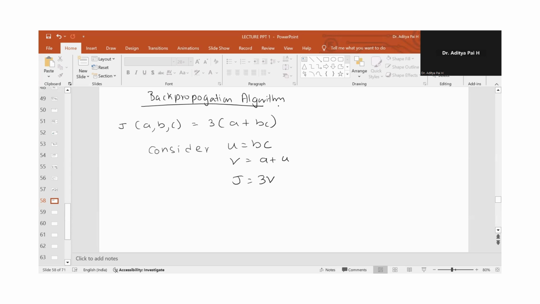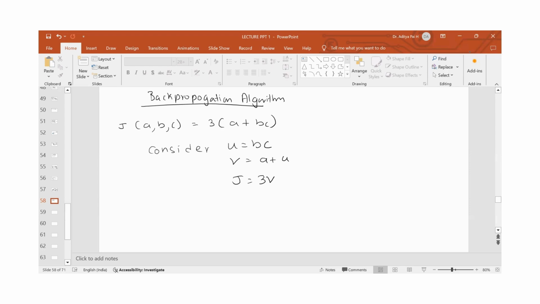Now this is purely only to make you understand the chain rule. Before I start explaining the backpropagation algorithm, you need to know how the chain rule works and what the derivative is, because some of you are not aware of the chain rule. So for that reason I'll be explaining.